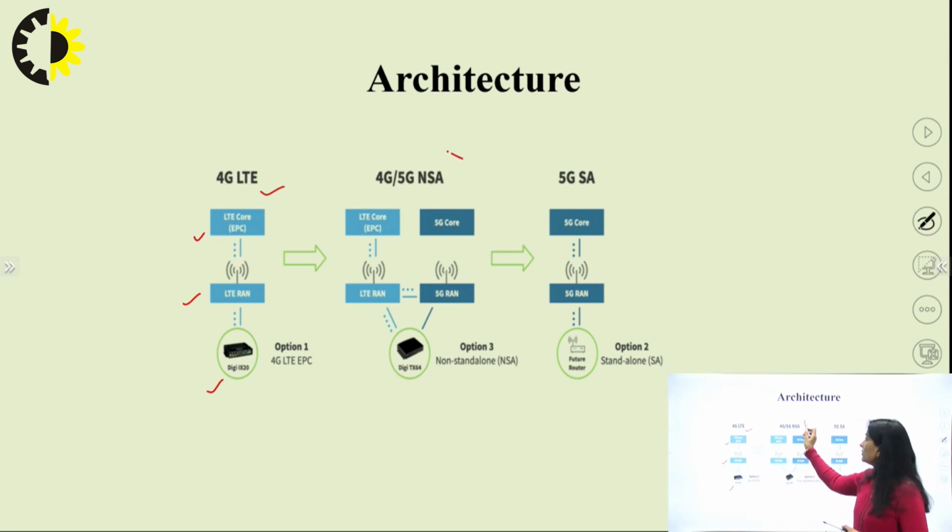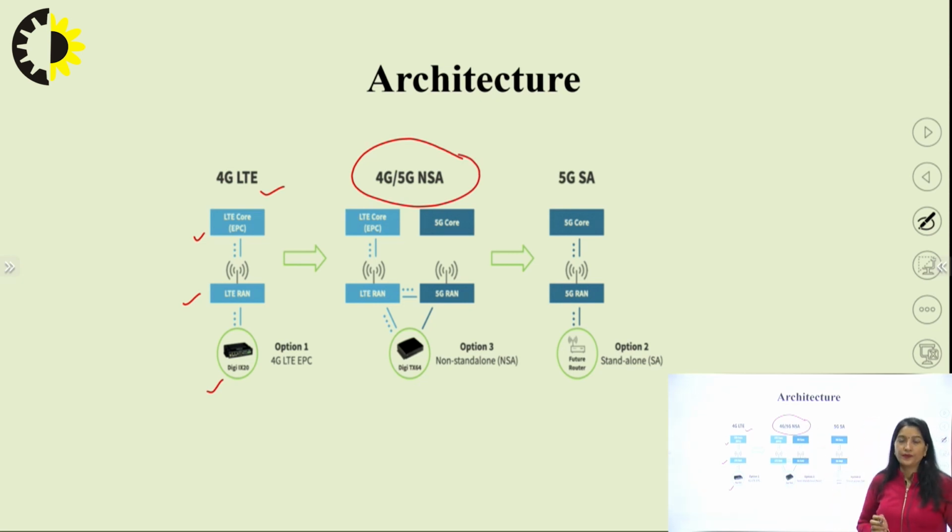Now what 5G has introduced is 5G NSA. NSA stands for non-standalone. Non-standalone means it is not completely deployed; it is also using some features and existing infrastructure of the fourth generation. That is how it is known as 4G/5G NSA. The architecture of 4G/5G NSA is like this.